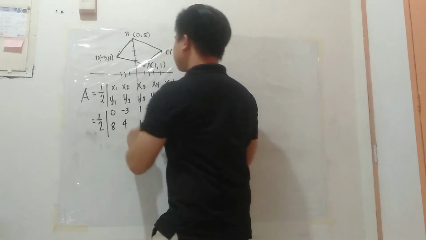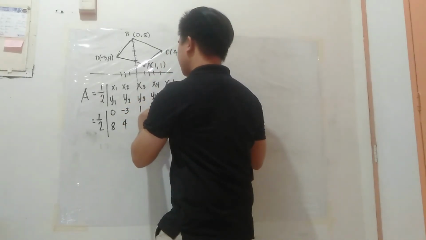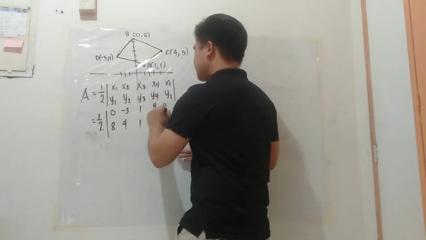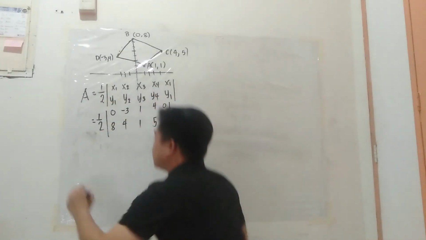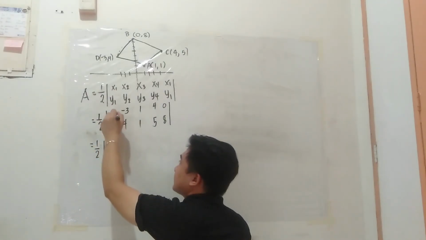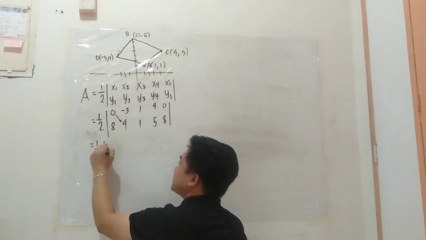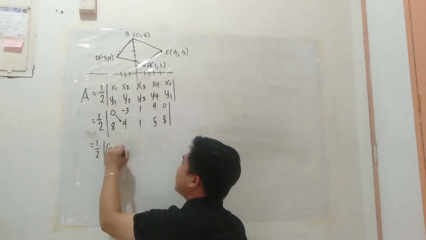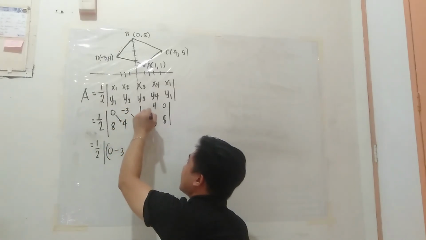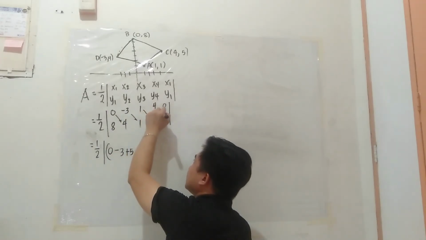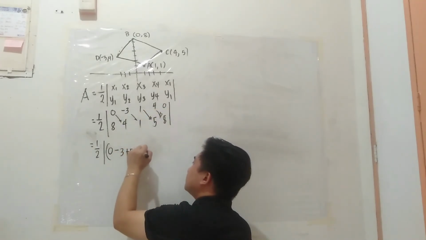(1, 1), (4, 5), and then anong pinakadulo? Yung first column lang din, which is (0, 8). So that is equal to 1 half, 0 times 4, that is 0. Negative 3 times 1, that is negative 3. 1 times 5, that is positive 5. 4 times 8, that is 32.